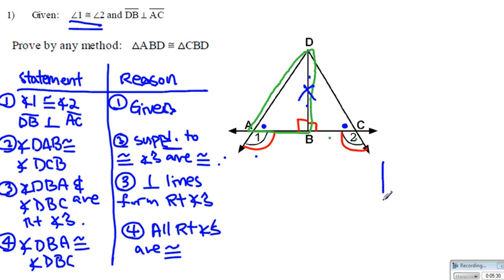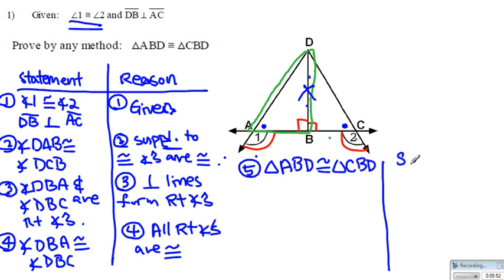Then let's go for the fifth step. Since we proved three conditions here, now we can say triangle ABD must be congruent to triangle CBD. Why? Angle, side, angle postulate. All right, so that was it for number one.